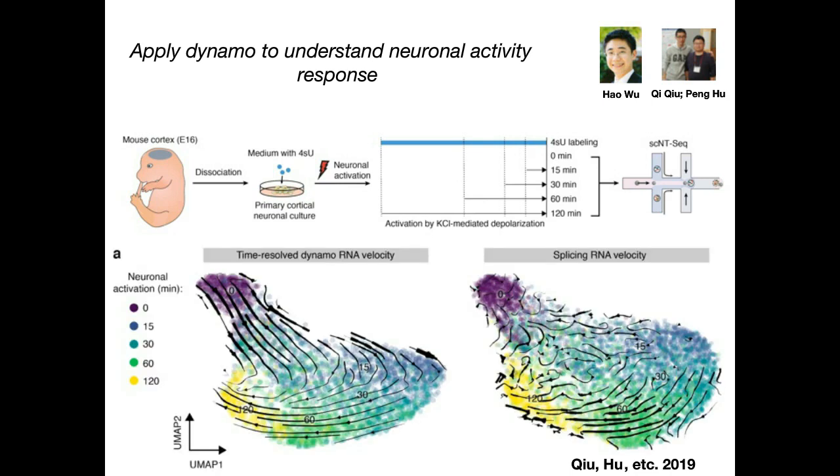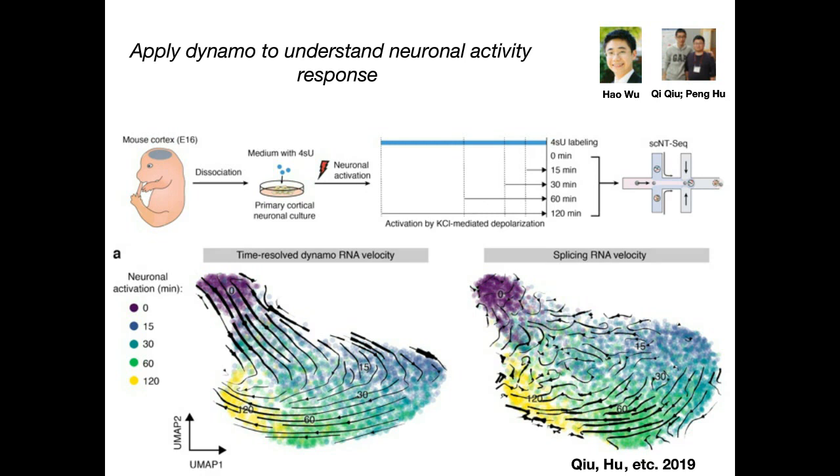So we then applied Dynamo to the labeling data to obtain the time resolved RNA velocity, shown on the left. We can see that the time resolved velocity shows two distinct stages. For the first stage, the cells at 0 minutes rapidly move toward the cells at 15 minutes.